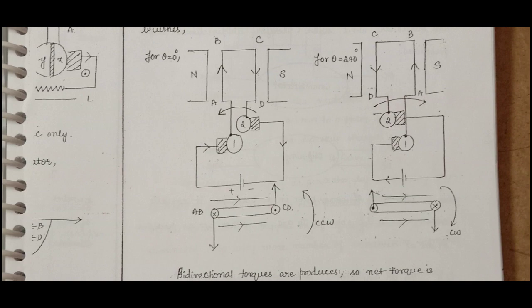See, under the north pole is a cross conductor, that is incoming current.